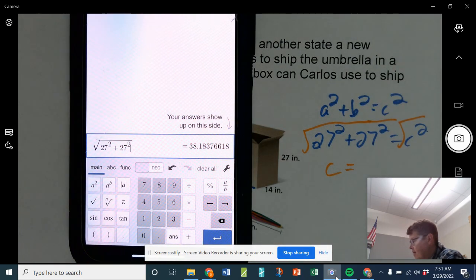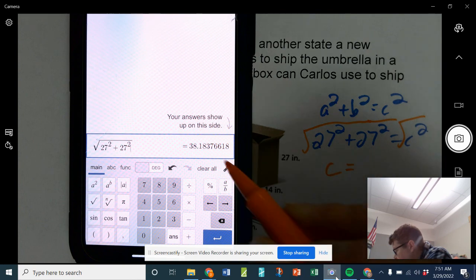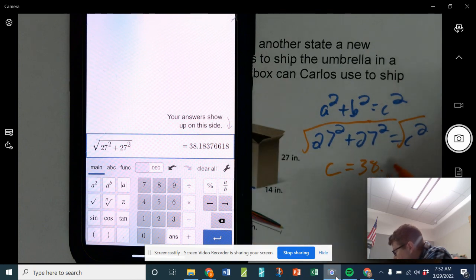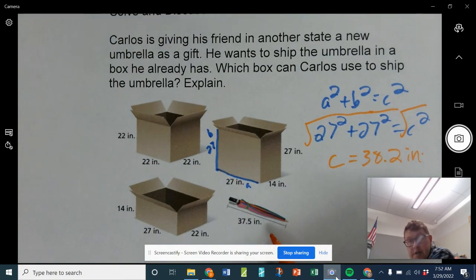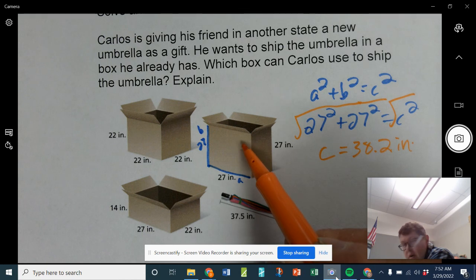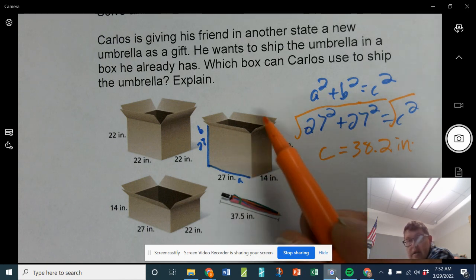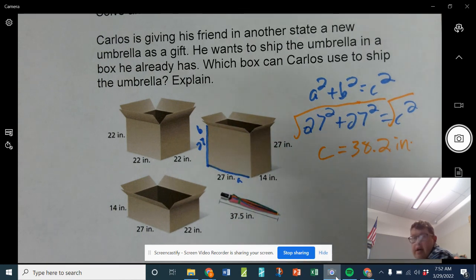We end up getting a C value of 38.1, let's say 38.2 if we round it, inches. Then we'll compare it to our umbrella, which is 37.5. So that'll work, actually. We can fit this umbrella in here, and it'll work.